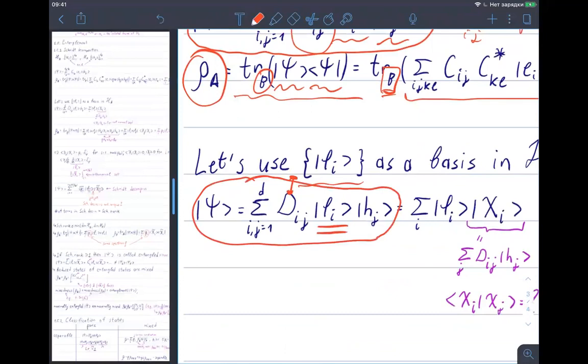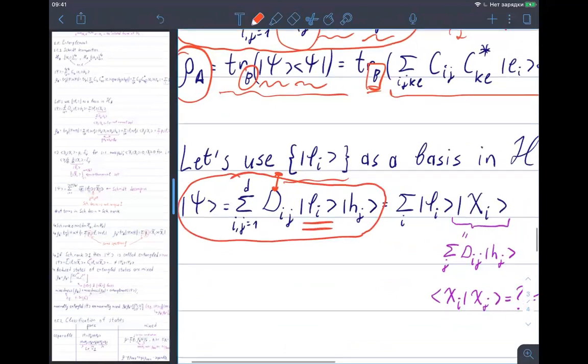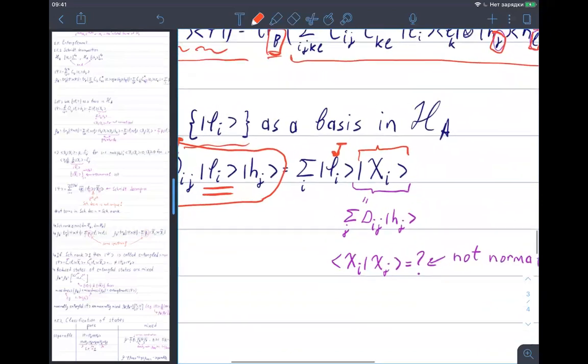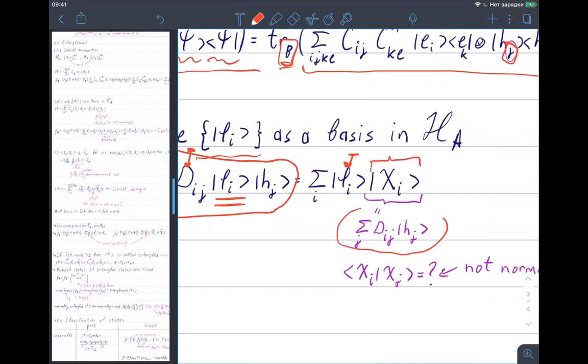I take each of these phi_i out of the bracket and introduce a new vector, which I denote h tilde_i, which is just a summation over all the states h_j times these coefficients.